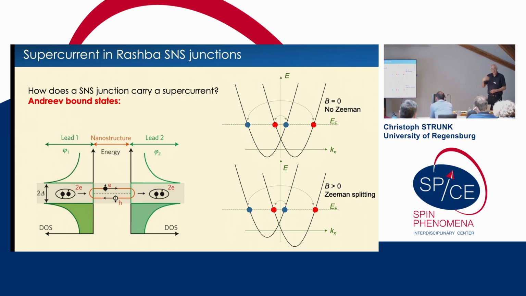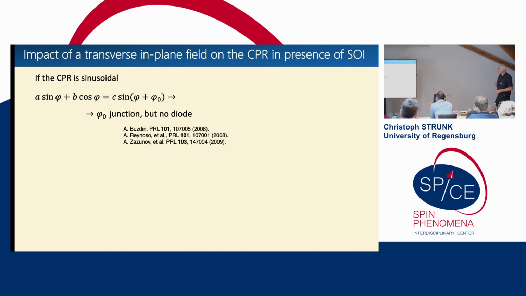And this shift of energies and velocities provides the non-reciprocity. It needs this external field in addition to the inversion symmetry breaking by the spin-orbit interaction. So now we really modify our Andreev bound states so that they can discriminate between forward and backward transmission.